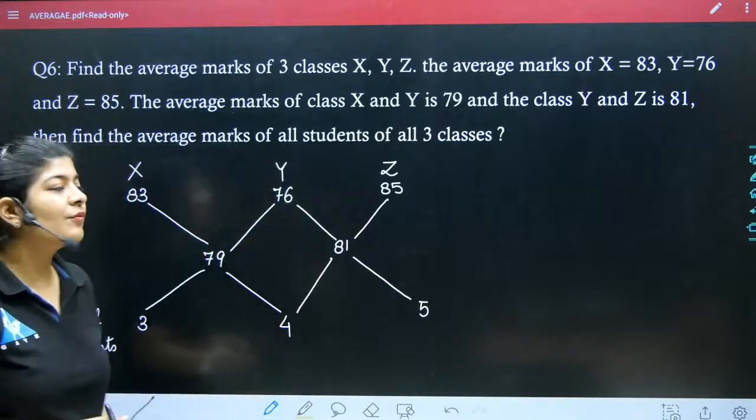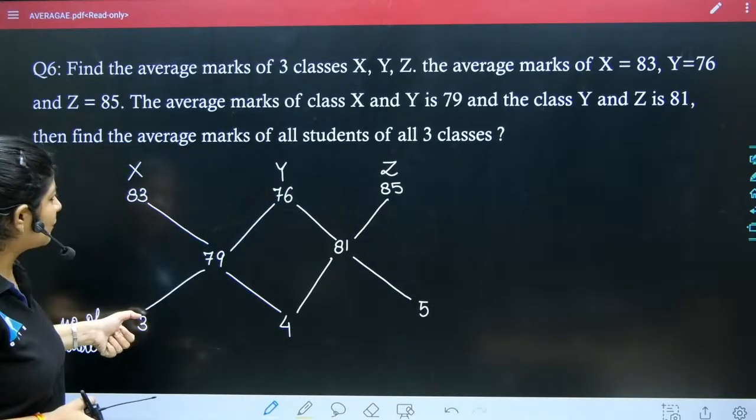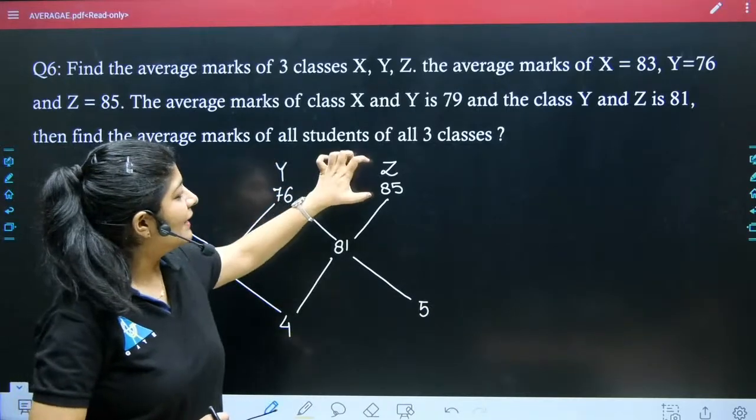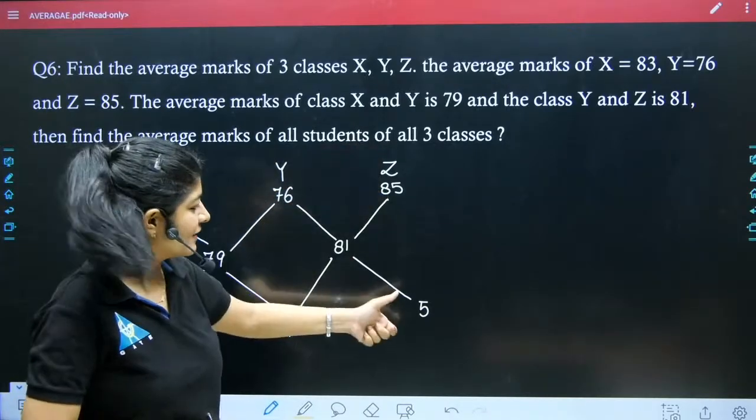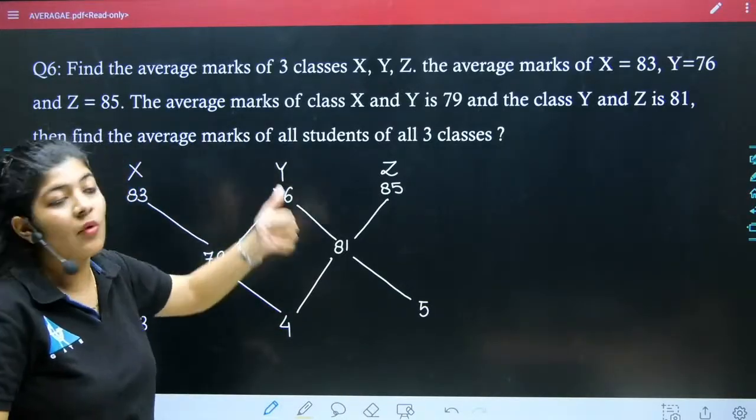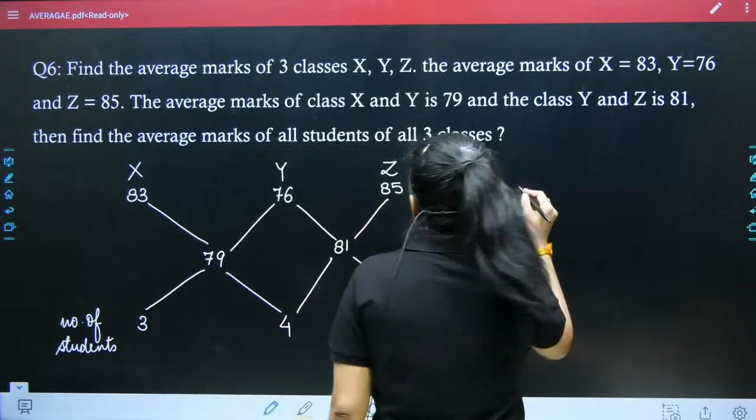That means the number of students in class X is equal to 3, the number of students in class Y is equal to 4, and the number of students in class Z is equal to 5. Now what we have to do is find out the average marks of all three classes.